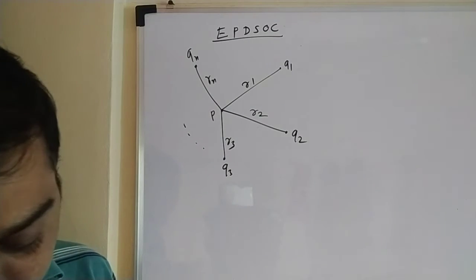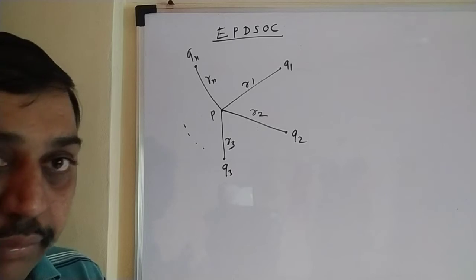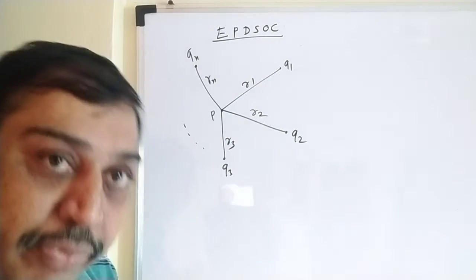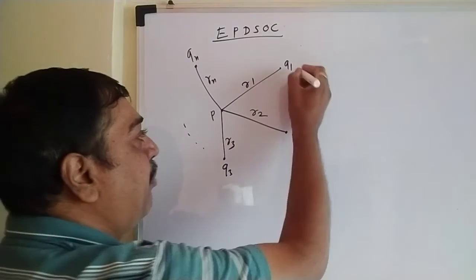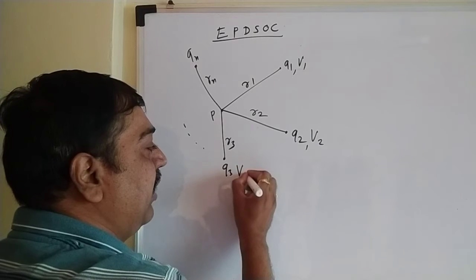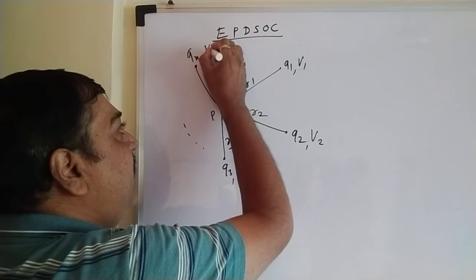First, the electric potential due to charge q1 at P is V1, due to q2 it is V2, q3 it is V3, qn it is Vn.